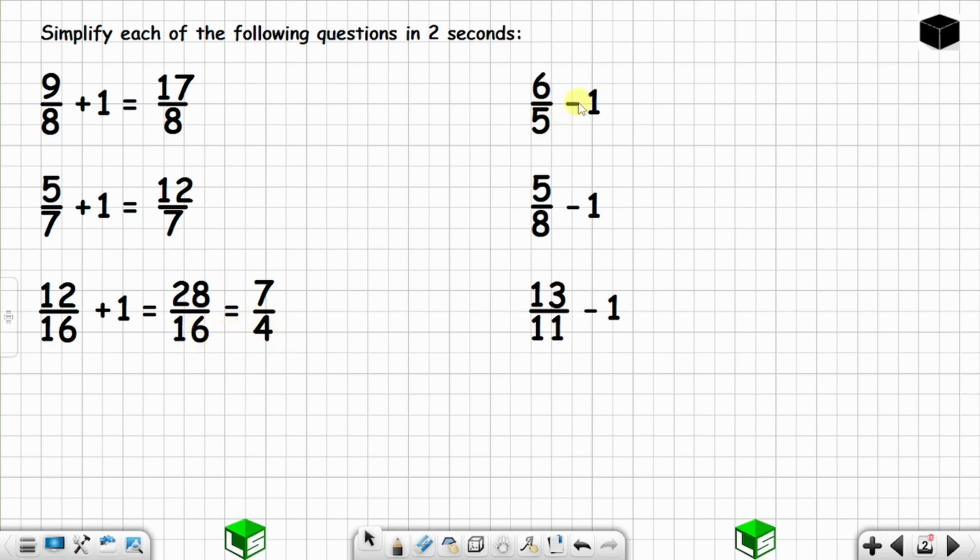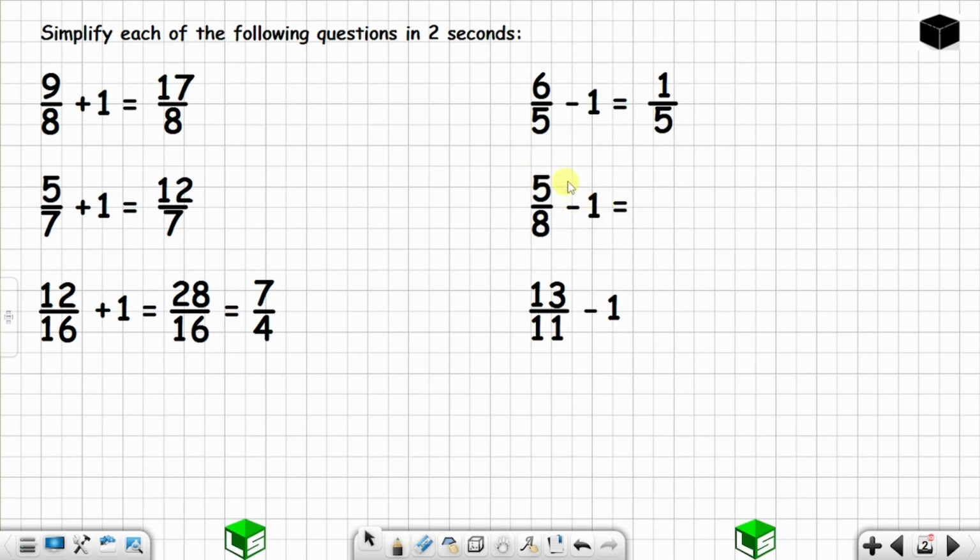And this question is equal to, now you have subtraction. You are going to start always from the top minus what you have at the bottom. 6 minus 5 is 1 over 5. And this question, you have subtraction.